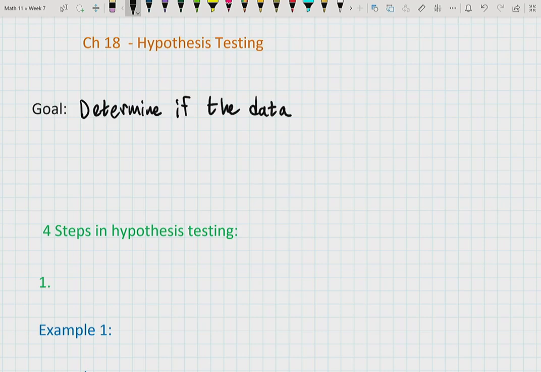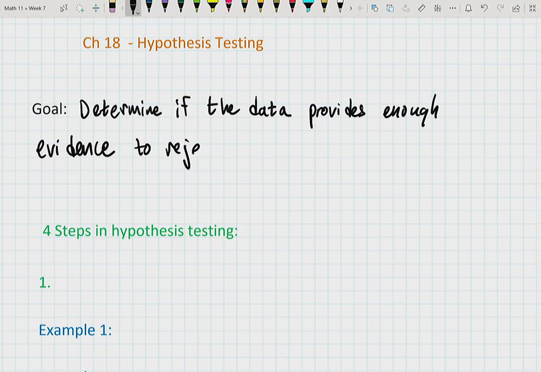We're going to try to determine if the data provides enough evidence to reject our so-called null hypothesis, and I'm going to explain what these terms mean shortly, in favor of some alternative.